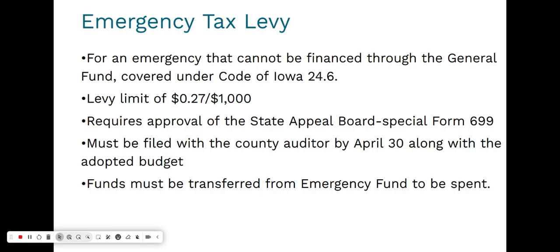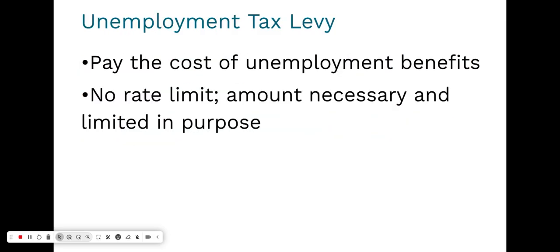But the State Appeal Board would ultimately have the decision on whether or not that levy would remain within the budget. If you were approved for that additional levy, the funds must be transferred from that emergency fund to be spent, so they would be transferred to the general fund.